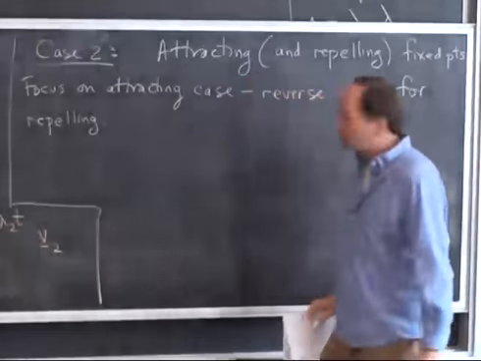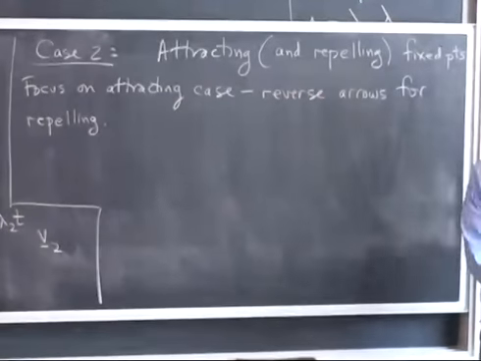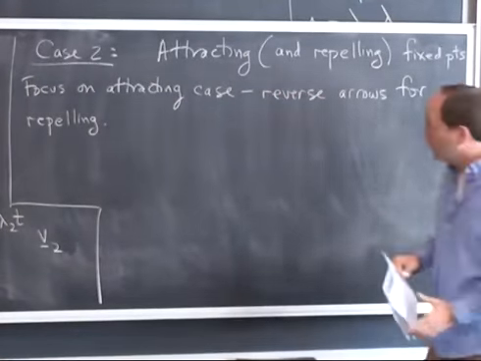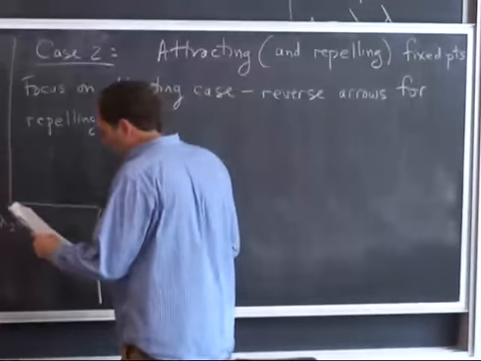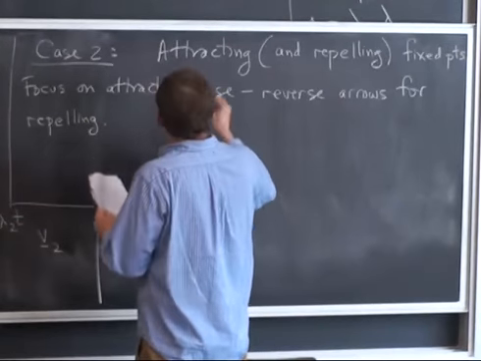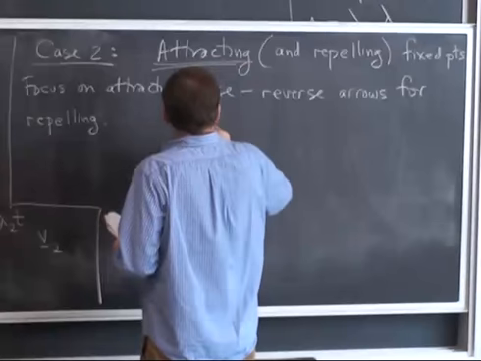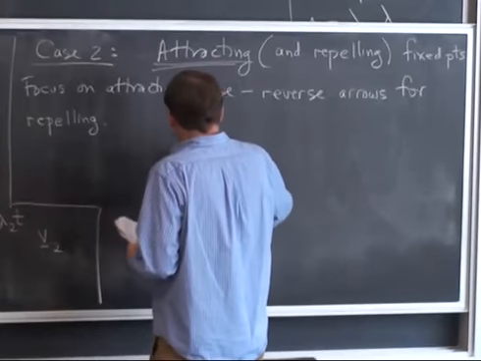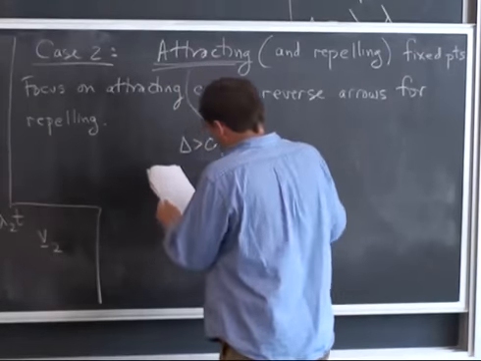Well, then there's a couple of flavors of attracting fixed points. So we have to have subcases. But what characterizes the attracting ones is that they have a positive determinant but a negative trace.